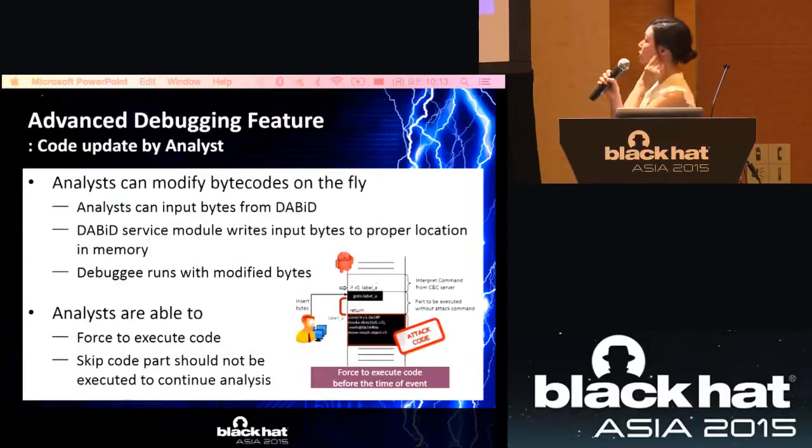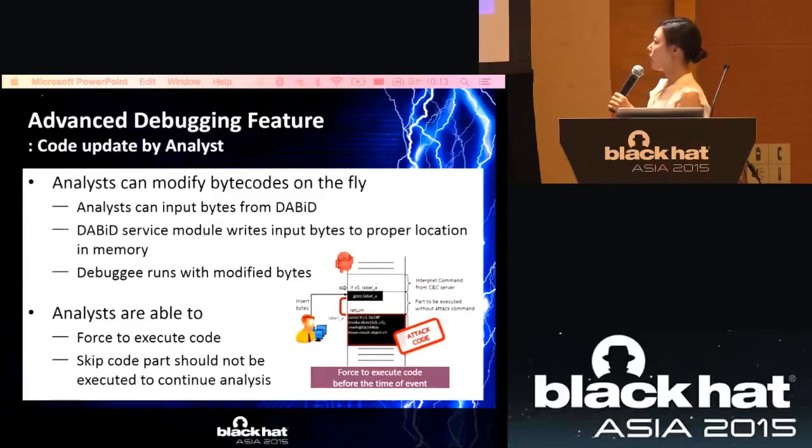Okay, this is for our second goal, advanced debugging features. The first one is code update by the analyst. Analysts can modify bytecode on the fly. Analysts can select an instruction in our debugger and put in input bytes. Then the DABiD service module, which is in the application process, writes the input bytes to the proper location in memory, and debugging runs with the modified bytes.